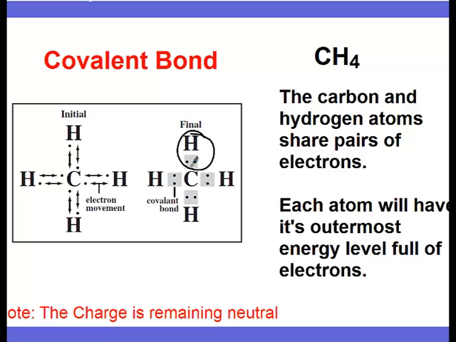And again, this is held together by physical means. They are sharing electrons. So it's very difficult to break that. One important thing to note here is that the charge is remaining neutral. We're not gaining or losing electrons in the end. All we're doing is kind of combining them into a set area. So hydrogen isn't truly losing, it's not truly gaining. So it overall has a neutral charge.